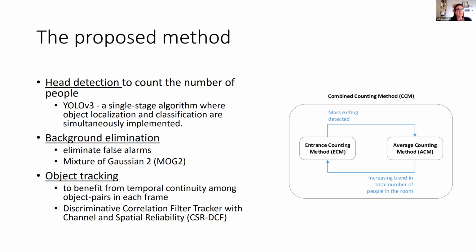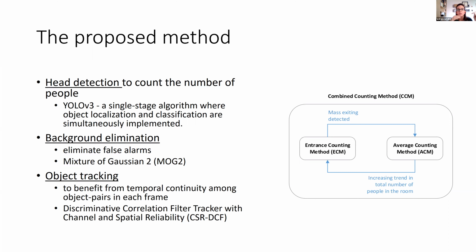The first one is the average counting method, which estimates the number of people directly from the snapshot of the room. The entrance counting method estimates it from the entrance of the room, from the door, by incrementally counting the people entering or exiting. So there's a continuous counter.